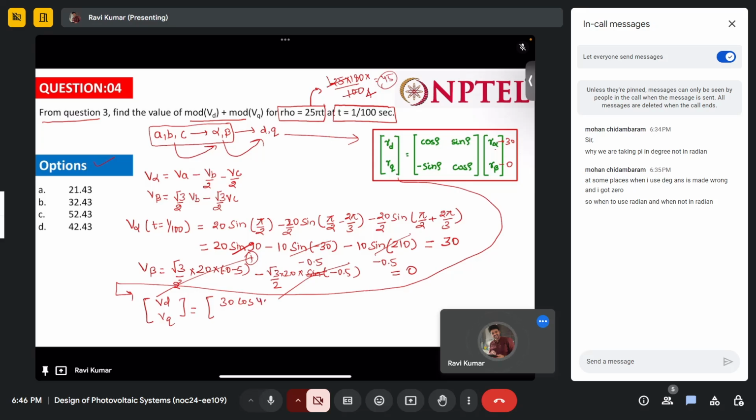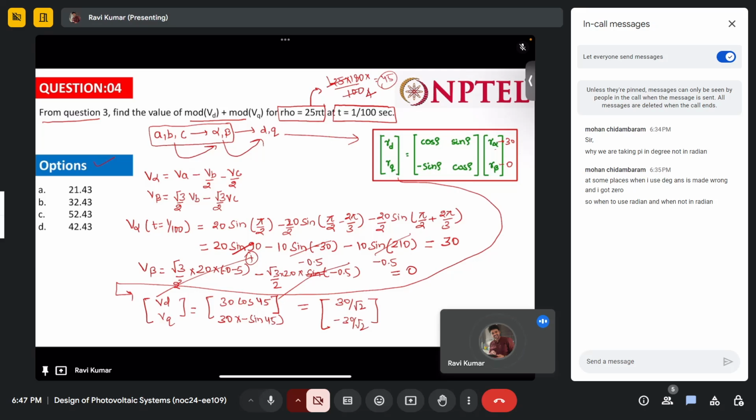So 30 cos 45 and this is 0. Similarly, VQ is 30 into minus sine 45. So cos 45 and sine 45 values are the same. So it is like 30 by root 2 and minus 30 by root 2.